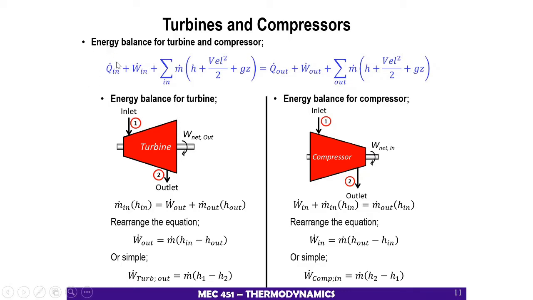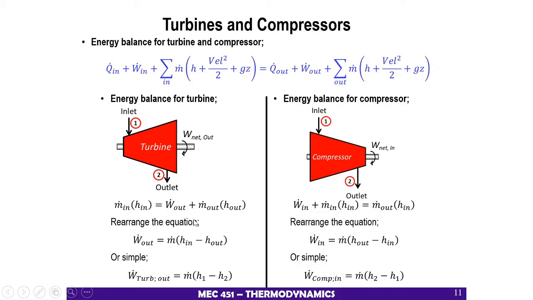So for the turbine, we have work out, it is producing work, and kinetic and potential energy have been taken out, so we have enthalpy with mass, and also work out.